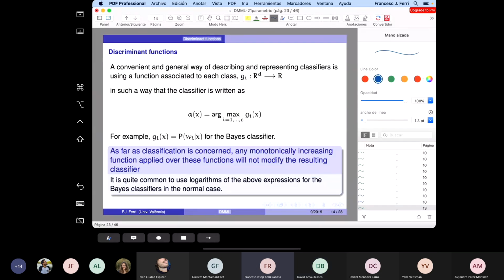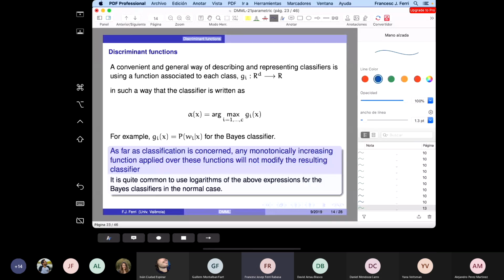So this Bayes classifier, as I said to you, is a theoretical thing, but for very easy problems in which we can estimate or know by any means the distributions, then we can program and use this Bayes classifier. We are going to see some examples.